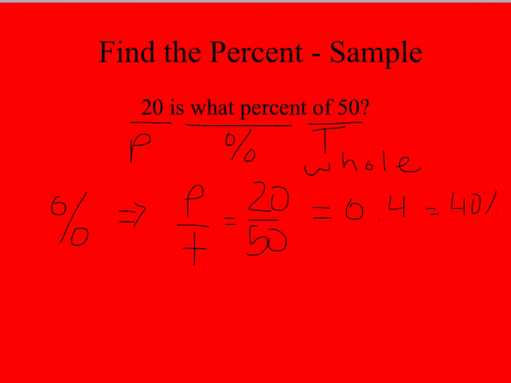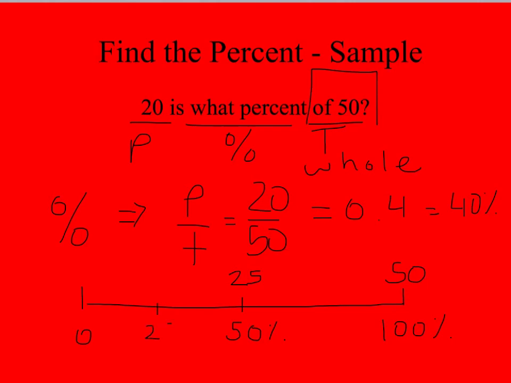Let's look at it on a number line. There's 0, and there's 100%. Our whole is 50 which means 100% is 50. I'm going to go halfway down. So here's 50%. And half of 50 is 25. I'm going to go another bit.